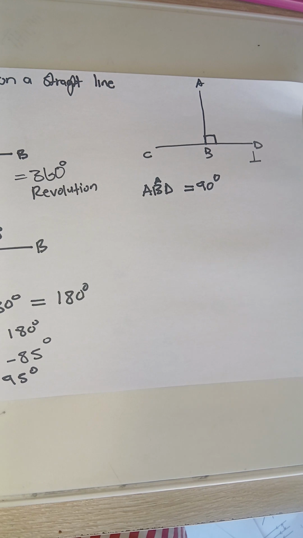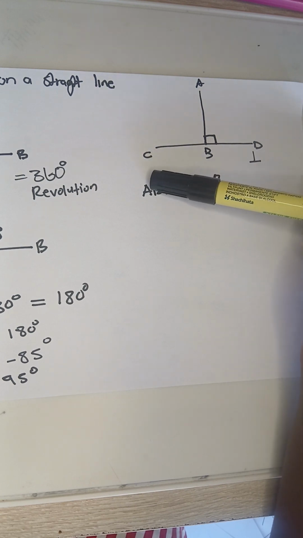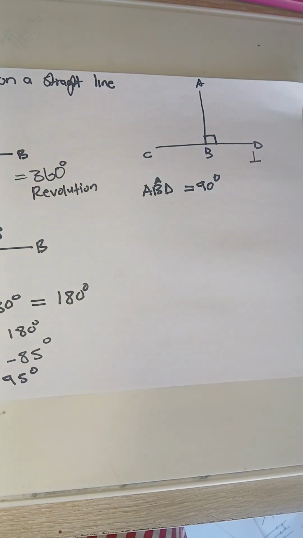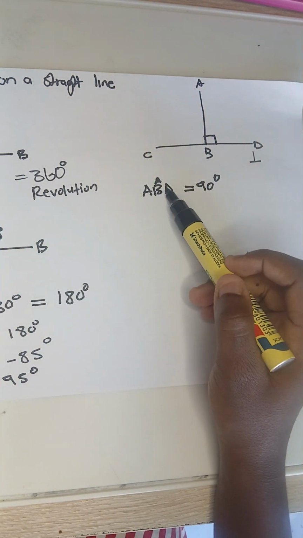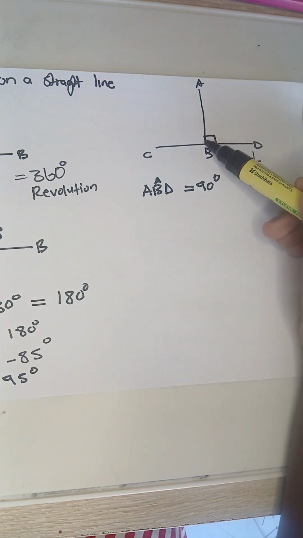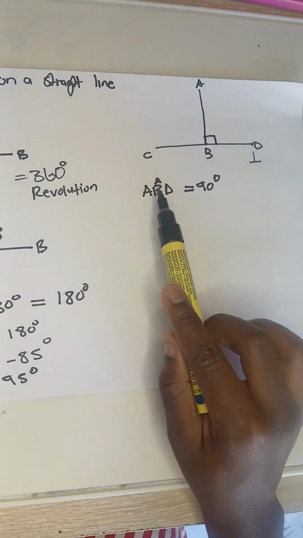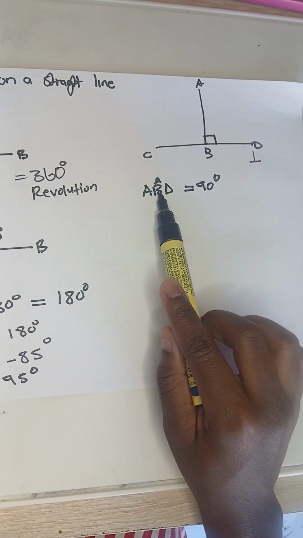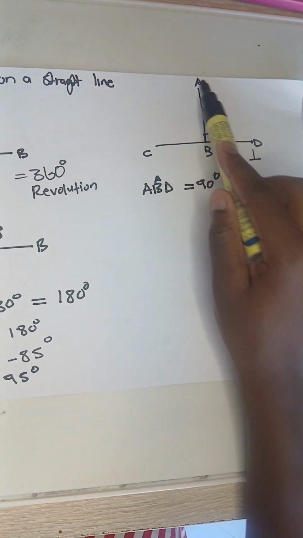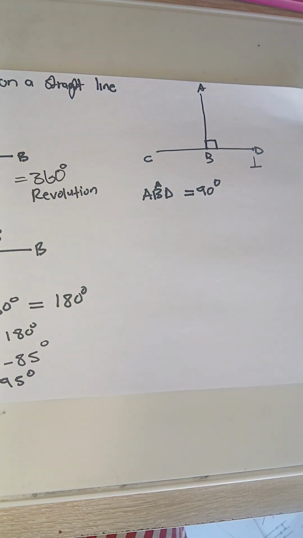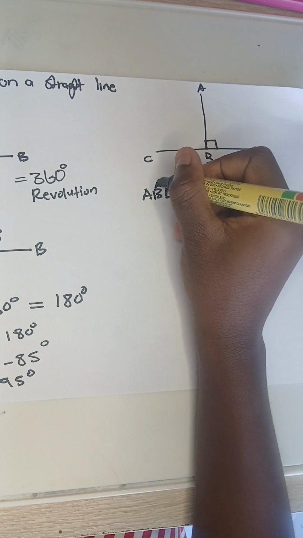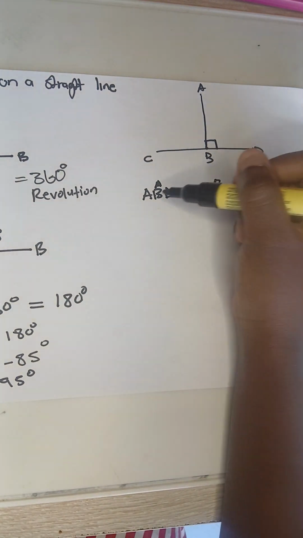When I was at high school, people used to ask, what does this thing mean? When I say ABD, I mean ABD, and this one at the center is the one I'm talking about. And I must put this symbol to show that I'm talking about this one.